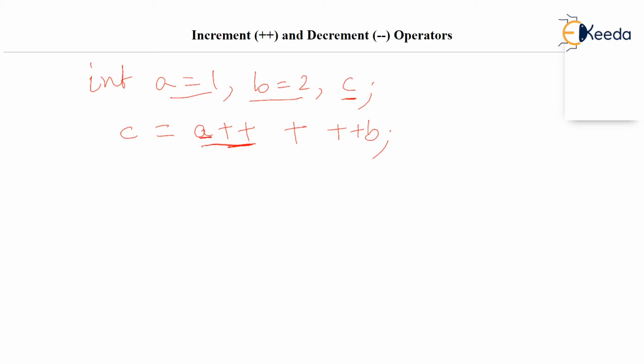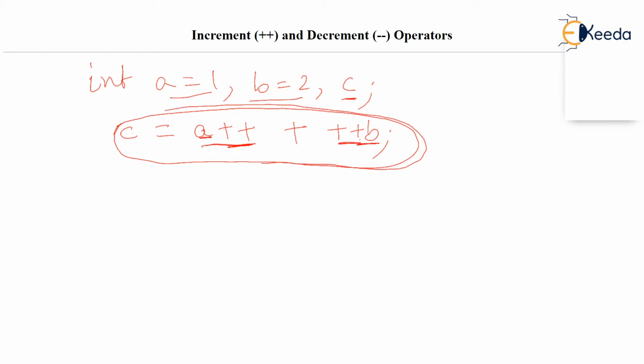After this entire expression is solved, A should increase by 1. That's postfix. But you note this plus plus B. Now this plus plus has been written before B. That means this is prefix. So you should increase B before you solve this entire expression, and you should use the changed value of B.